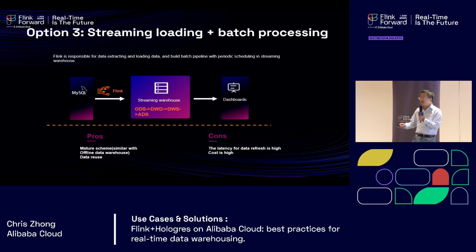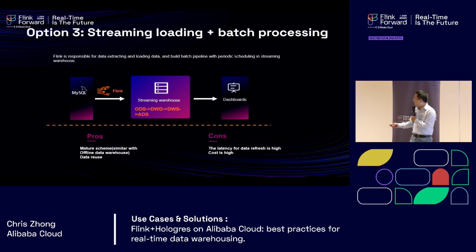So for option 3, we call that streaming loading and batch processing. This methodology is we load the data by streaming with Flink, like Flink CDC, into the streaming warehouse. Then we have a separate system, similar to the batch system. We schedule the jobs and do the batch processing, batch calculating, and aggregation.